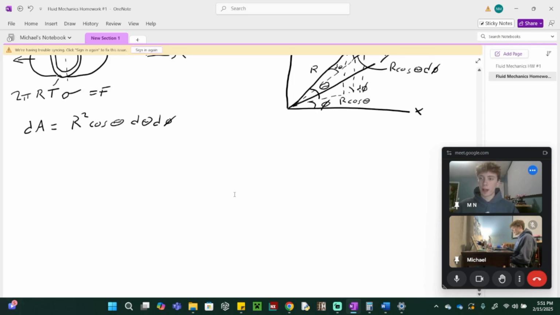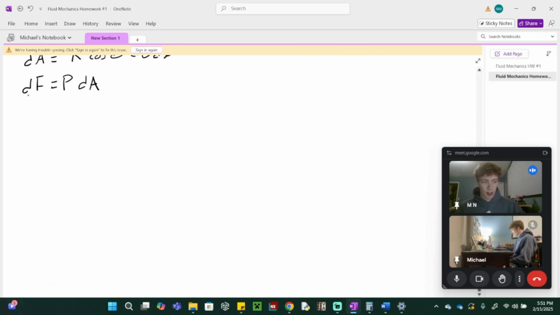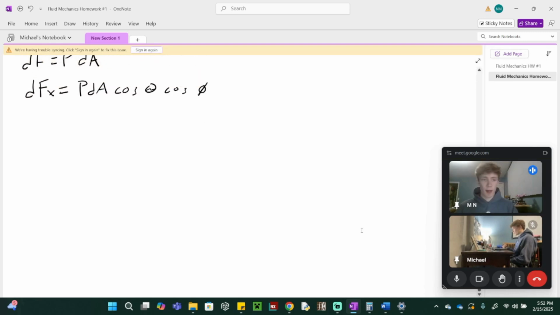Okay, the next step is remember our differential force here is equal to pressure times some area. So our dFx, which is what we're interested in, all the forces in the x direction, would be equal to P dA times the cosine of theta times the cosine of phi. So let's write this all out now that we know what dA is.